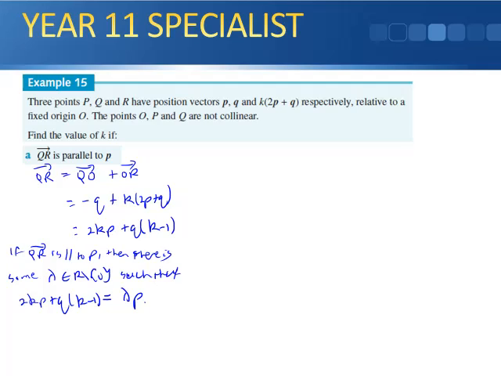If it's parallel to p, that's why I've got the p there. This implies, well, the only one that's got the p is the 2k. So it implies that 2k has to equal that multiple, and k minus 1 has to equal 0. Therefore, k equals 1.